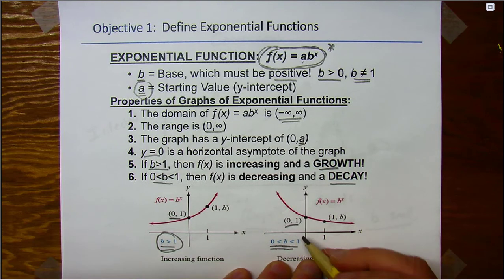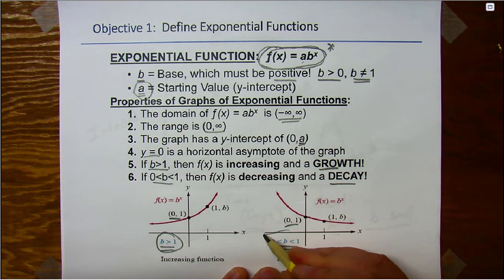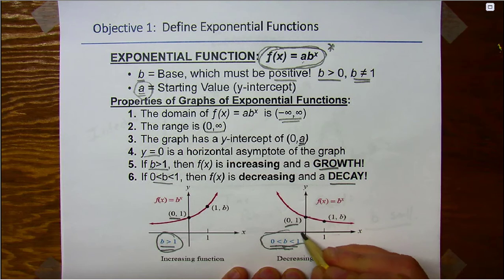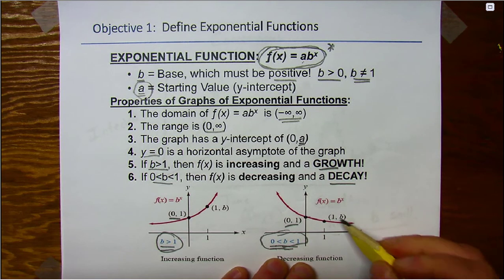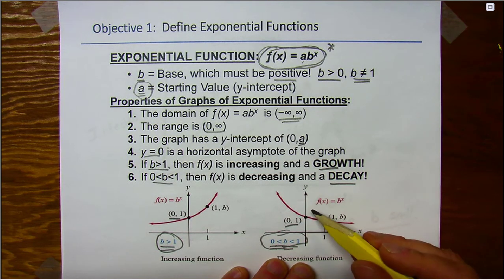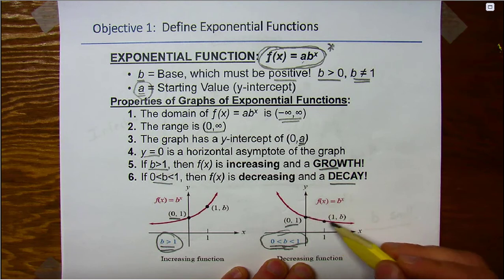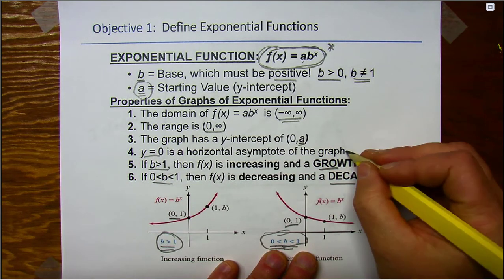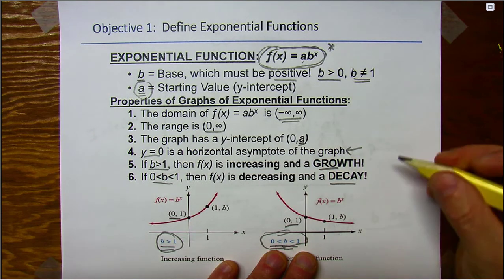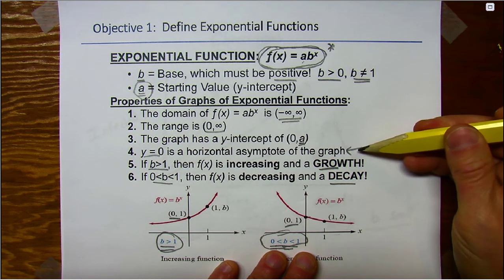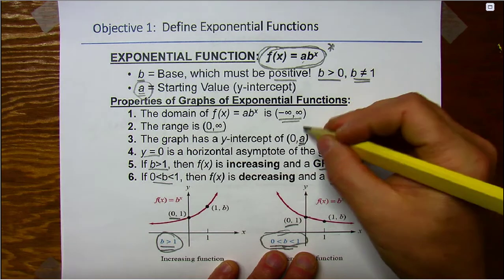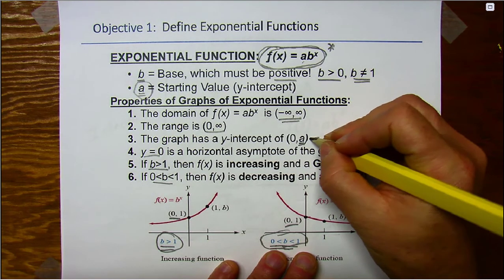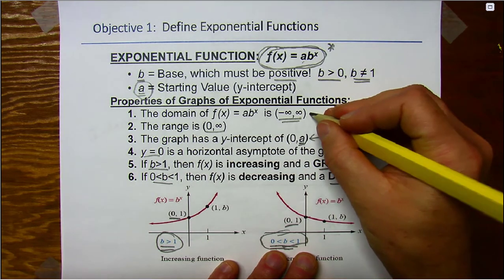And if b is less than 1 but bigger than 0, then we have exponential decay. And hopefully that's where we'll get with coronavirus at some point, where people have built up an immunity, and then the prevalence of the virus will actually be decreasing. We know that this graph will always hug the x-axis, that is to say y equals 0 is a horizontal asymptote. We know it always stays above the axis, and we know that it has a domain of all real numbers.